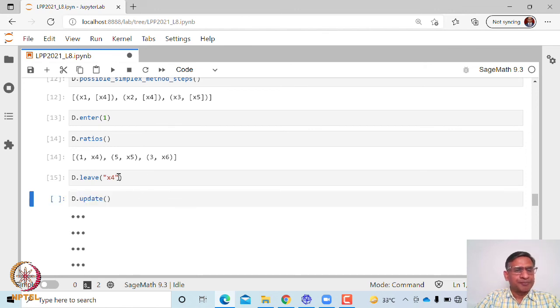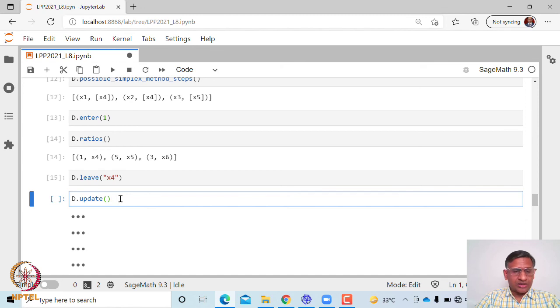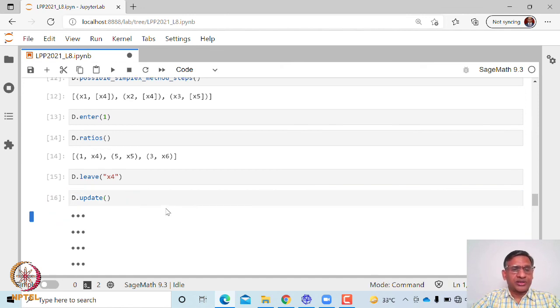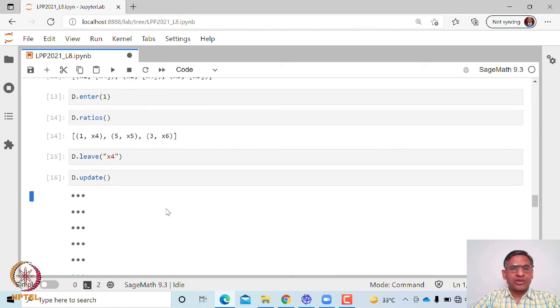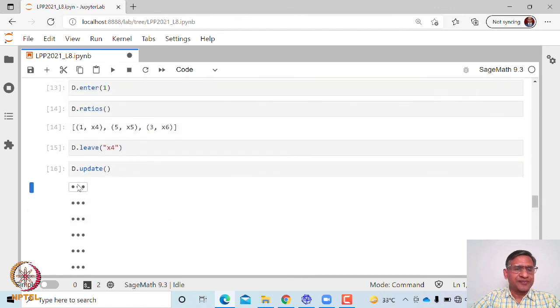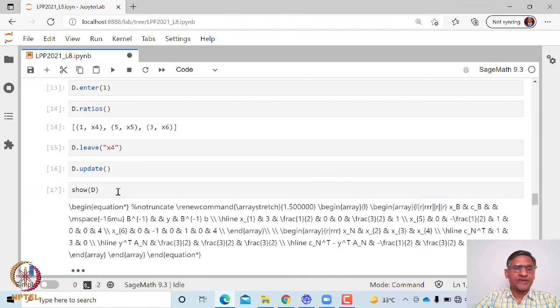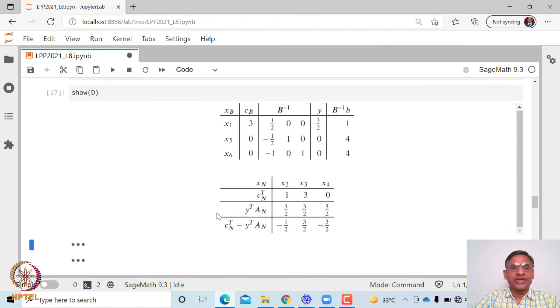Once you have given the entering variable and the leaving variable, you update the dictionary D. Then ask it to show D, and again it will give you the updated dictionary.